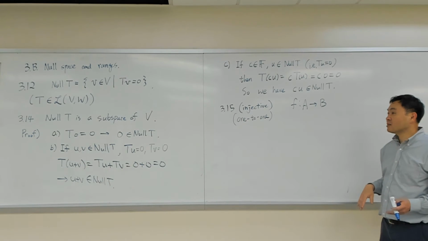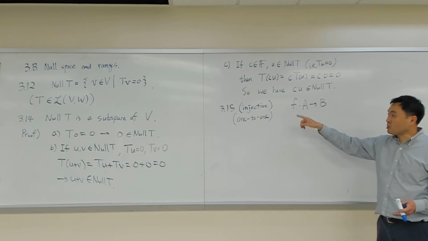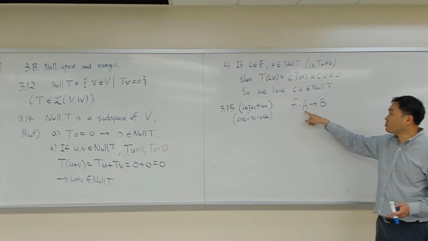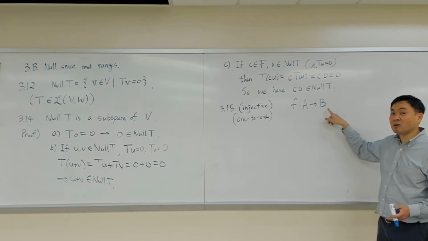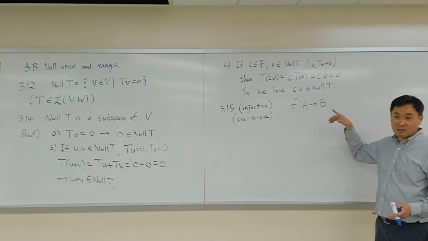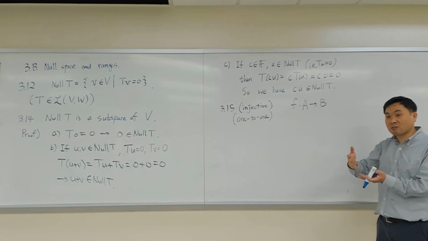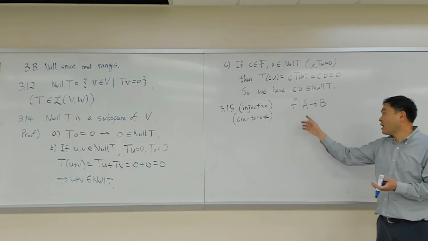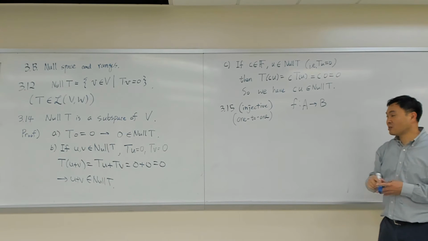But what one-to-one or injective means is that every element in A is paired uniquely to some subset of B. So not everything in B is targeted, so you just have some subset of B, so that everything in A is paired with that.